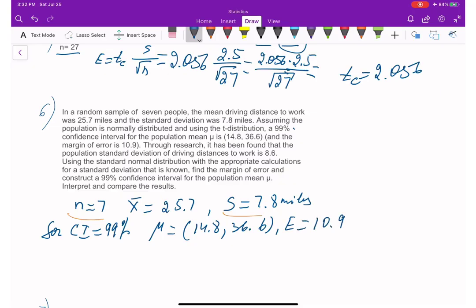So for 99%, mu is this much, margin of error is this much.